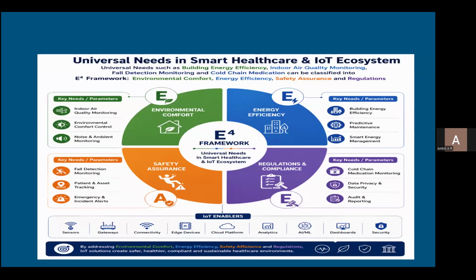IoT enabled smart meters and sensors can continuously monitor energy consumption across the hospital building. The second requirement is smart energy management, where energy data collected from departments of the hospital can be analyzed to identify inefficiencies and enable efficient resource usage.